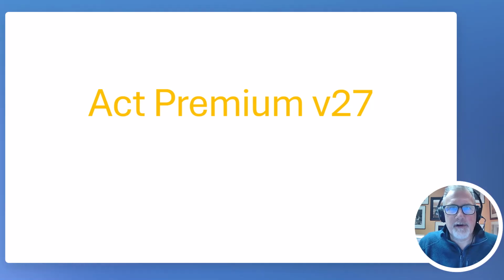And if you are an Act software subscriber, you have the opportunity to install this software. In other words, as a subscriber, you always have access to all the versions of Act that are available to you. You don't have to update or upgrade, but this is the most recent version. If you're brand new to Act, this is the version you're going to download and install.